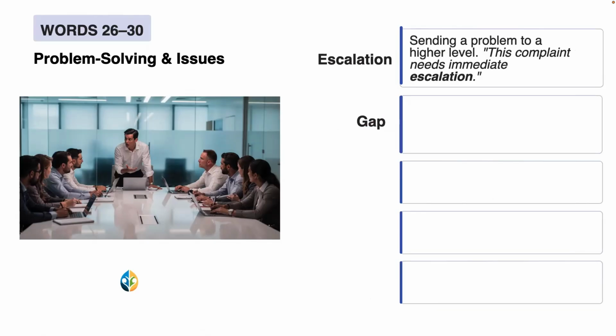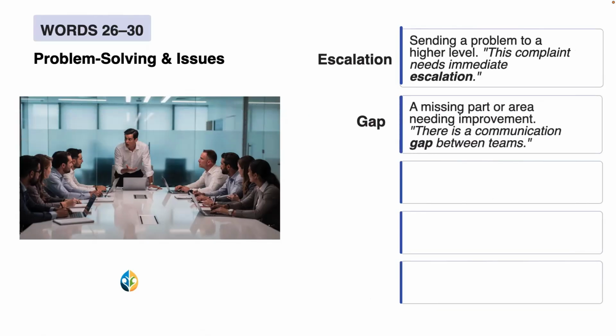Gap. A missing part or area needing improvement. There is a communication gap between teams. Error. A mistake. A data entry error caused the wrong shipment.